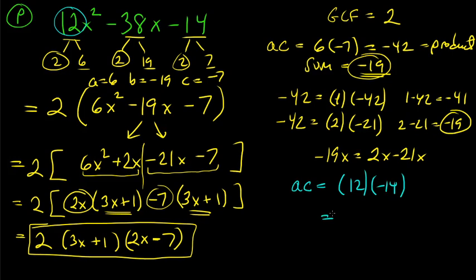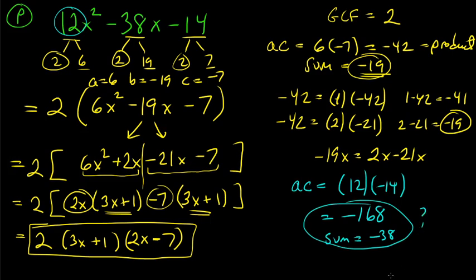It's negative 168. So what 2 numbers multiply to negative 168 and add to negative 38? Okay, so that's the product here, is negative 168.